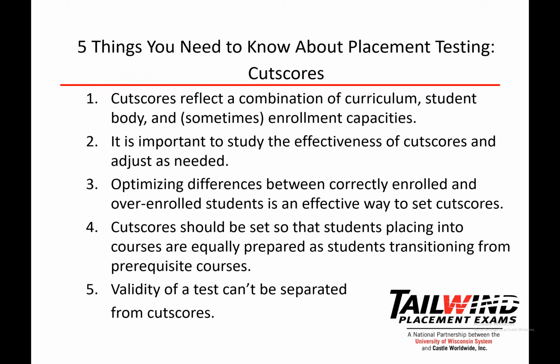We prefer to use that, or instructor ratings of whether a student was prepared or not prepared for the class. But if we can't get either the first midterm or an instructor rating, then we will take a final grade in the course. When we're validating foreign language in particular, a lot of times we may also want to look at the number of years the student had the language in high school, and factor that in as well.